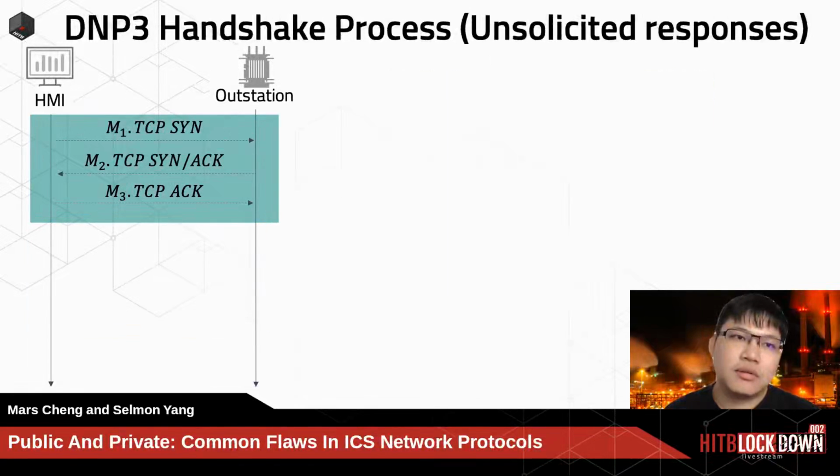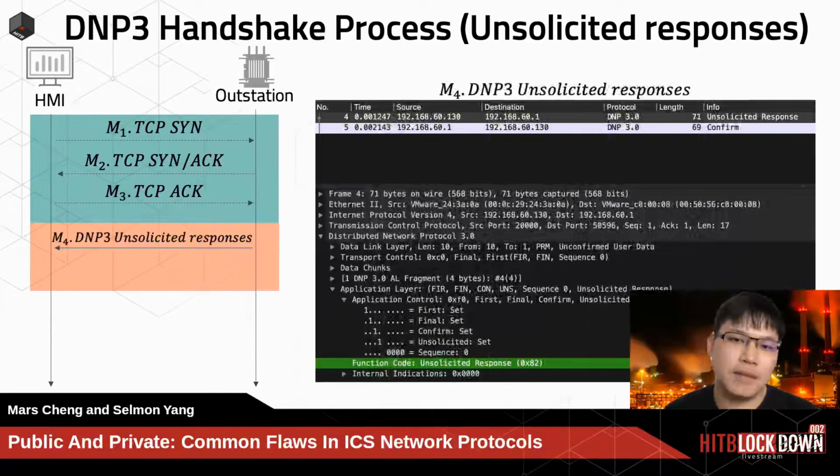Also, DNP3 is a very special protocol because it supports an unsolicited response mode. This design allows the slave, which here means the outstation, to send a response to the HMI in some specific situations, and this does not protect the message content.